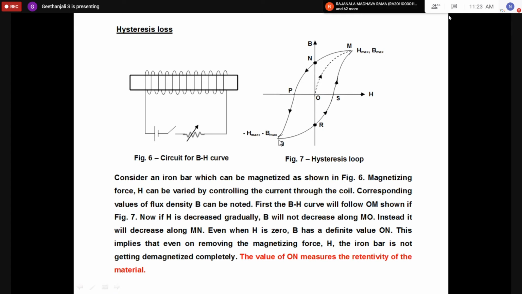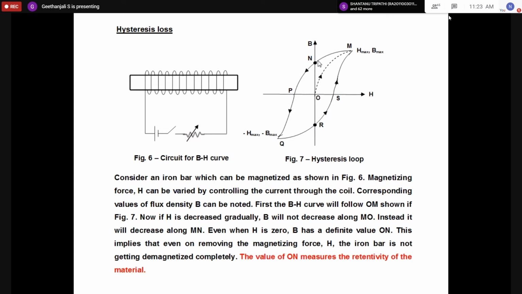Then I am increasing the B value, meaning it reaches the B, then it reaches this point. So this entire curve OMNPQRS is called a hysteresis loop.